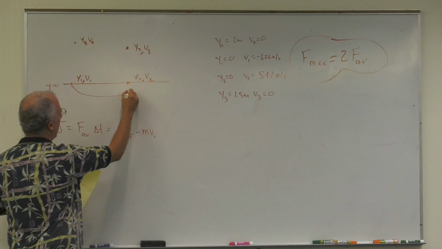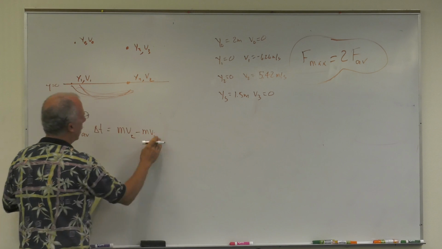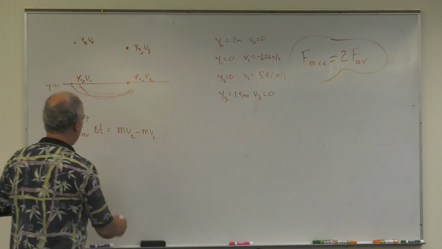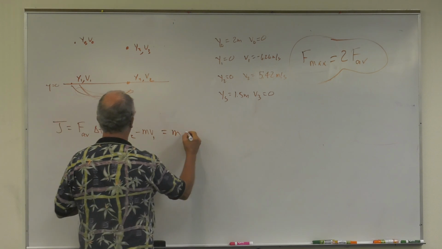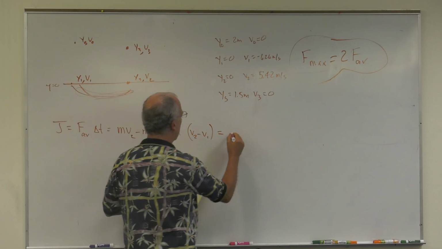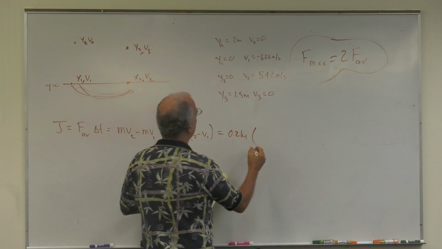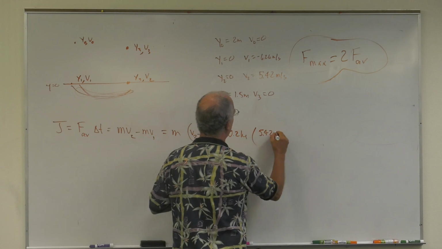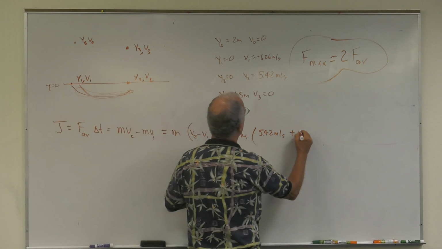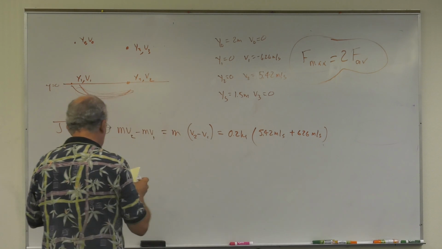This is where the impulse momentum goes. Final is 2, initial is 1. So that's m times v2 minus v1. The mass is 0.22 kilograms, v2 is 5.42 meters per second, minus a minus is plus, so plus 6.26 meters per second. That's the impulse.